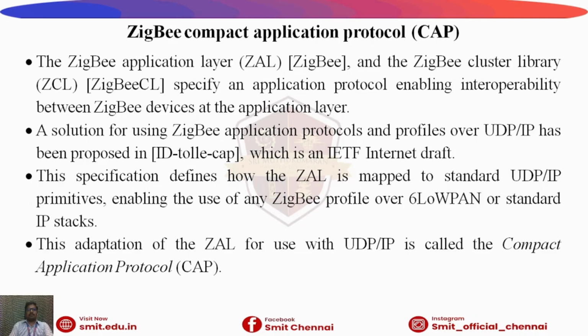A solution for using ZigBee application protocols and profiles over UDP has been proposed in an IETF internet draft. This specification defines how the ZAL is mapped to standard UDP IP primitives, enabling the use of any ZigBee profile over 6LoWPAN or standard IP stacks. This adaptation layer of ZAL for use with UDP is called the Compact Application Protocol, which we shortly call CAP.